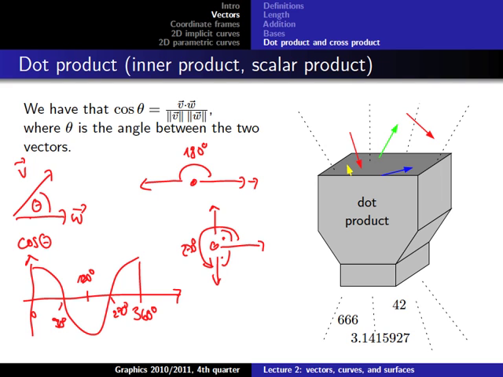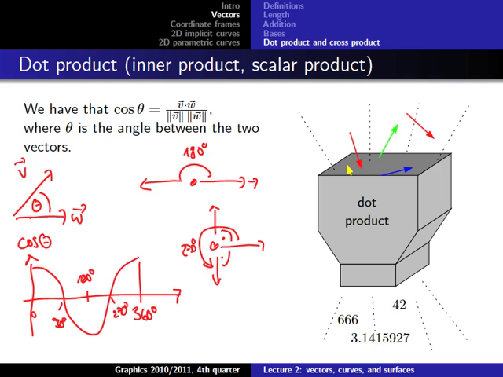So we see that the scalar product, the dot product, gives us an indication about how far the vectors are pointing away from each other, informally speaking. And that is something that comes in quite handy sometimes. But it is also very useful in graphics because it gives us an easy way to calculate the angle between two given vectors.